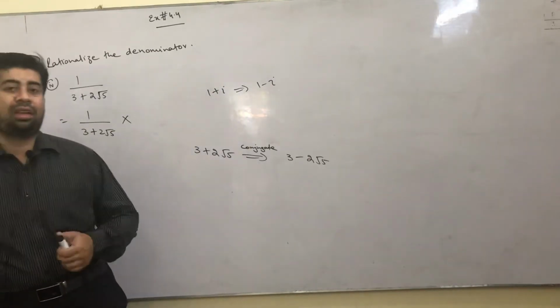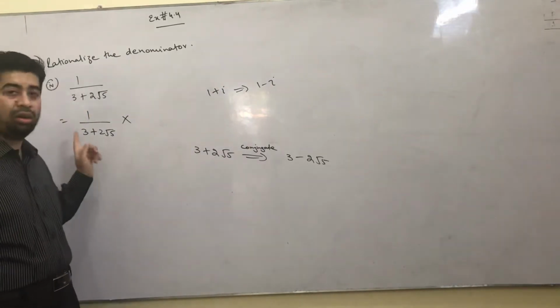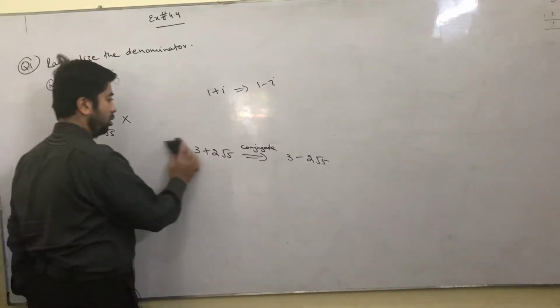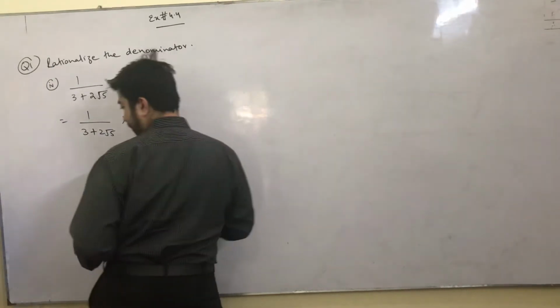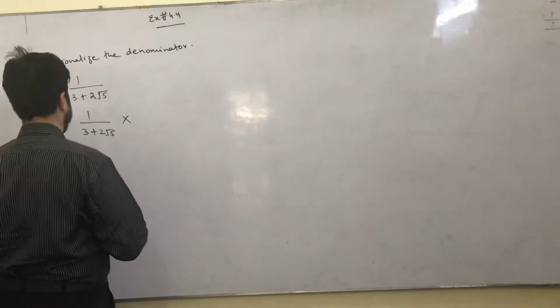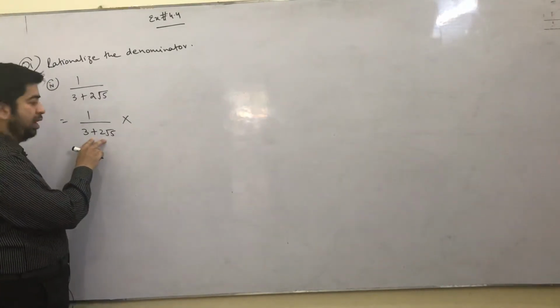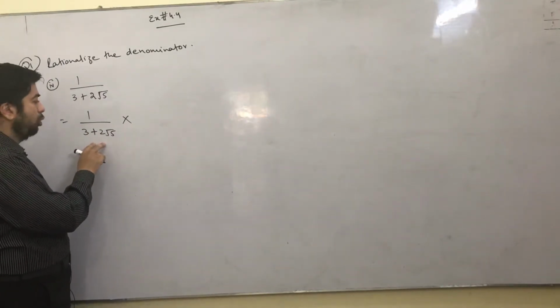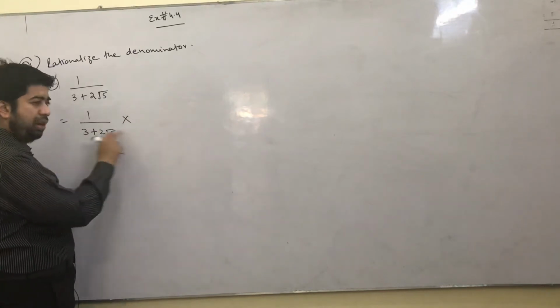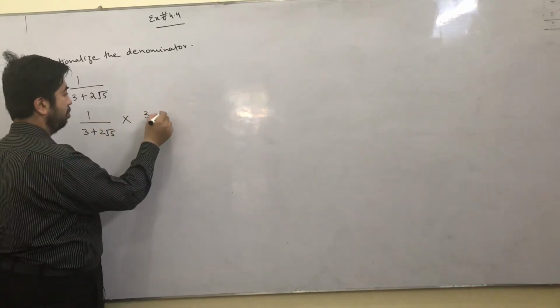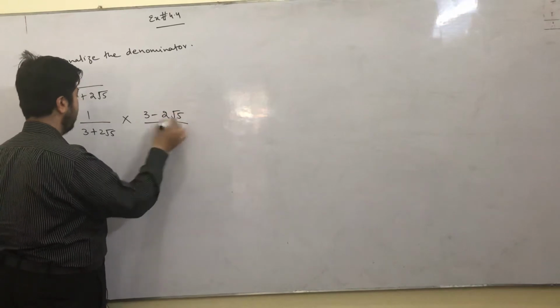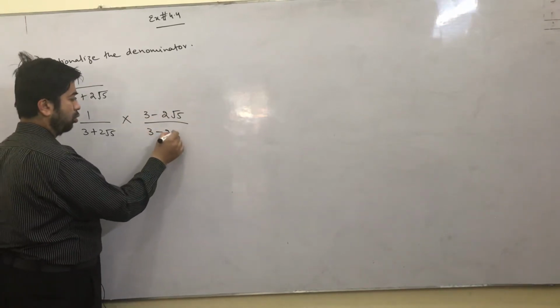Only in the case if there is some positive sign or negative sign. So 3 plus 2 square root 5 here, and I am going to multiply and divide with the conjugate, 3 minus 2 square root 5, and in the denominator there is also 3 minus 2 square root 5.